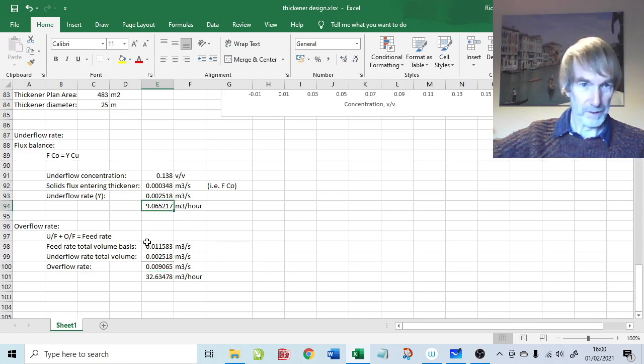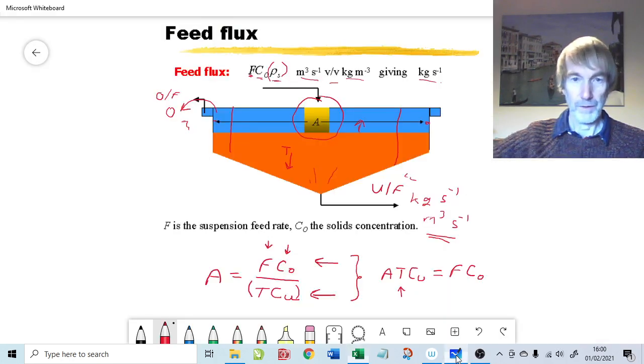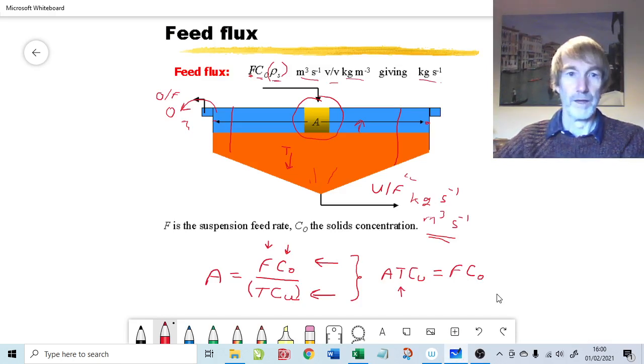The balance is actually formally laid out here, but basically what we're saying is that we have let's say 32.6 meters cubed of clean liquid leaving the thickener as the overflow. So in our design, what we have worked out then is the overflow here should be something in the order of 32.6 meters cubed per hour.